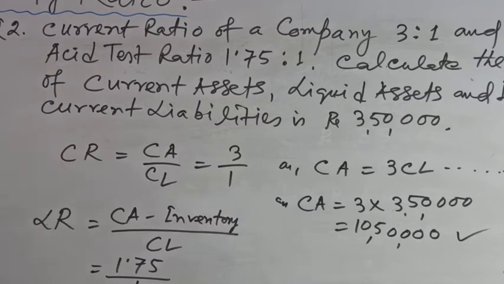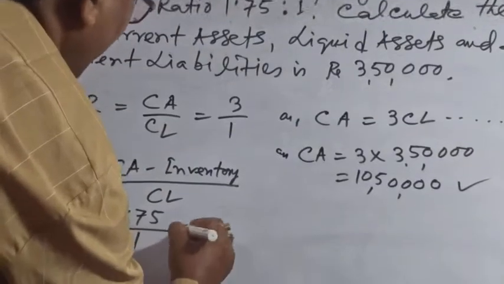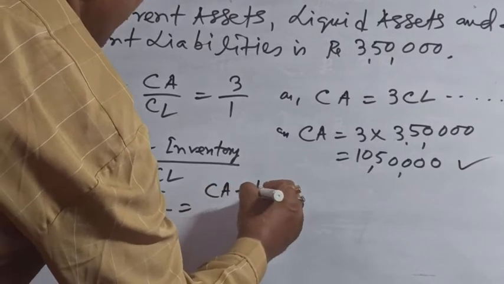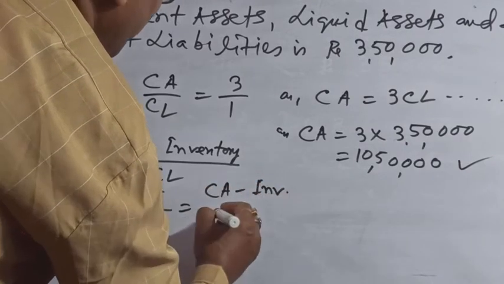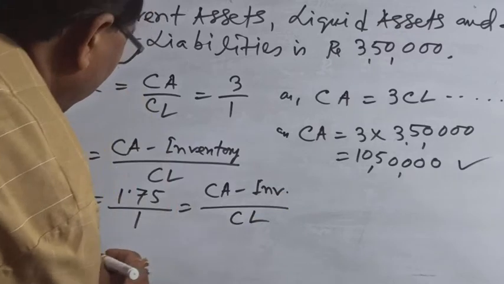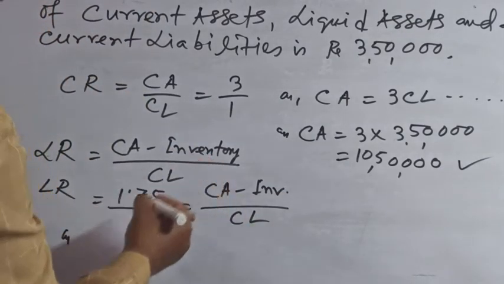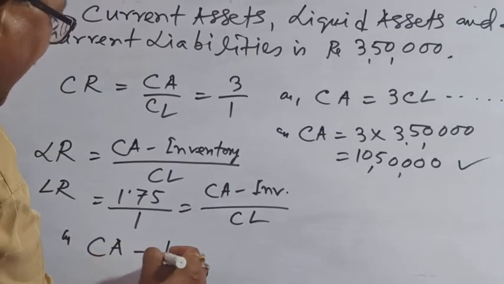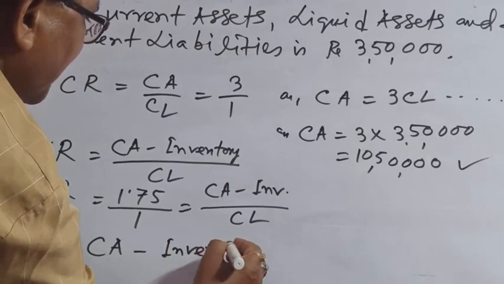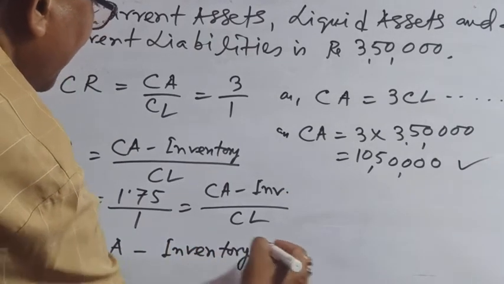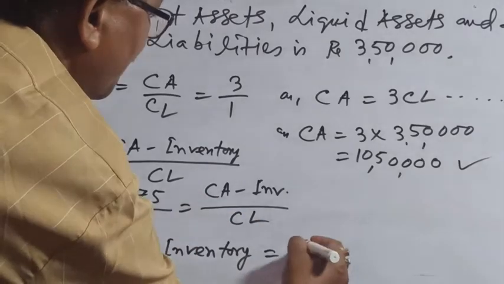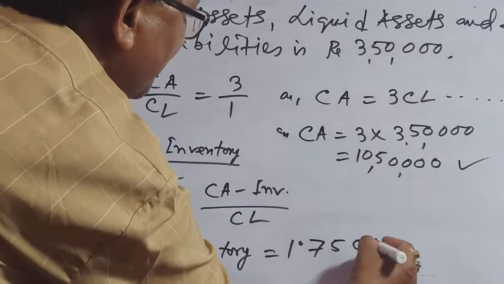Okay, or LR equal to, cross multiply, CA minus inventory by CL, or CA minus inventory equal to 1.75 CL.